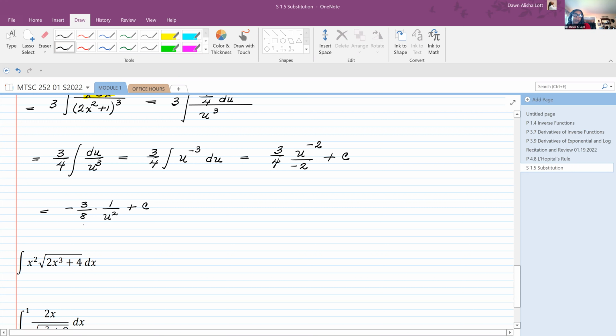Sherman, you see that step? Yeah. Okay. So then I said, well, this is -3 in the numerator, and in the denominator, I have 8 multiplied by u, and u was 2x squared plus 1, quantity squared, plus a constant.